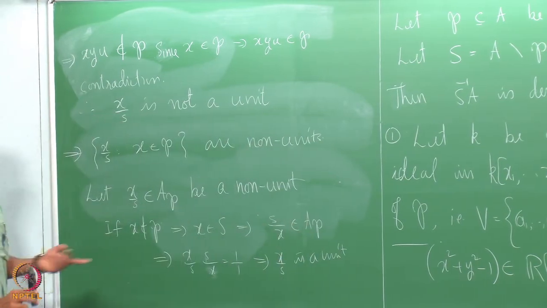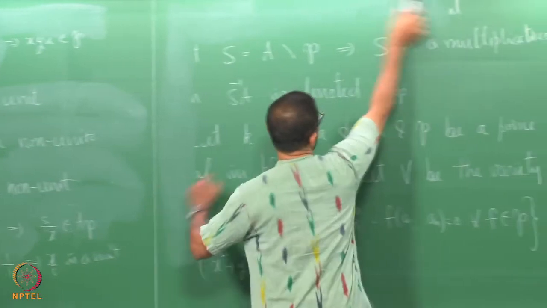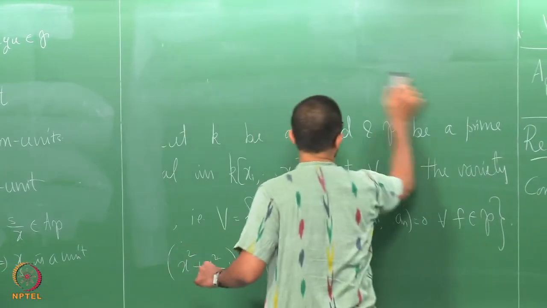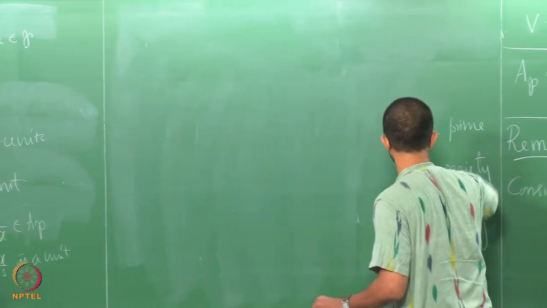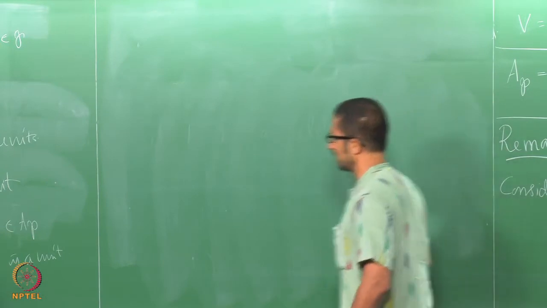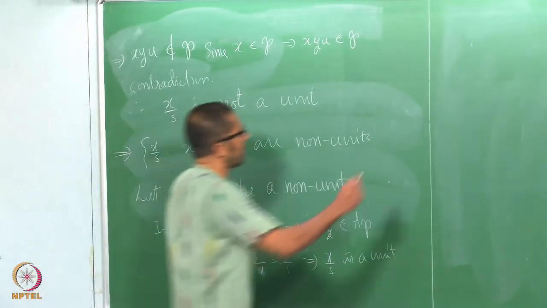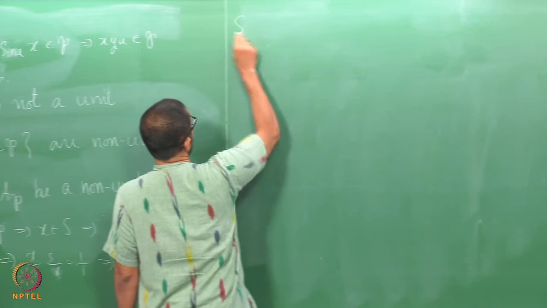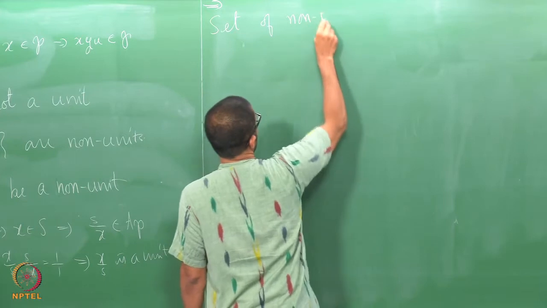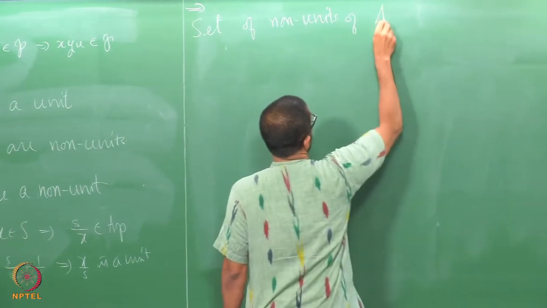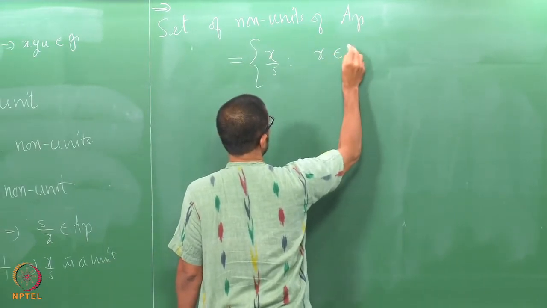So that is again a contradiction. So what we have proved now is that the set of all non-units of A_P is the set of all x/s such that x is in P.